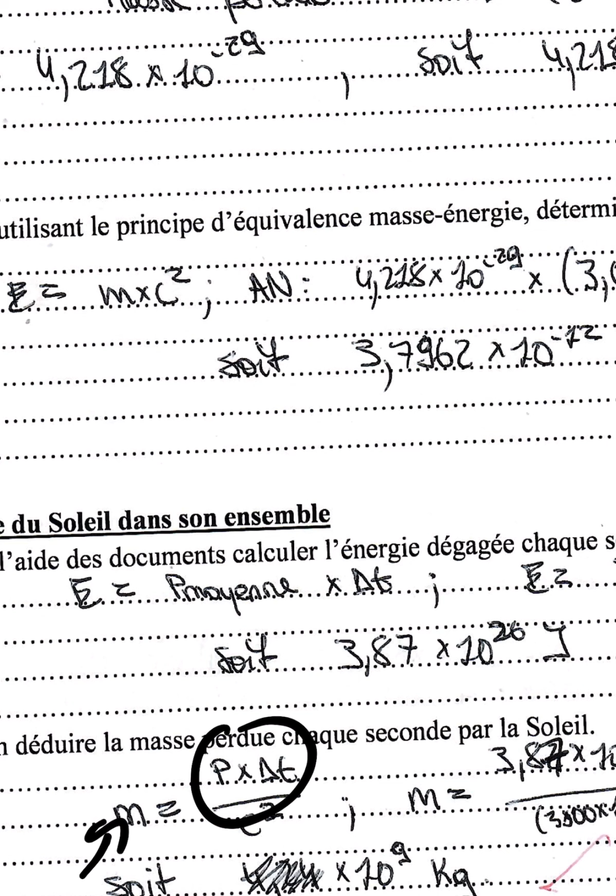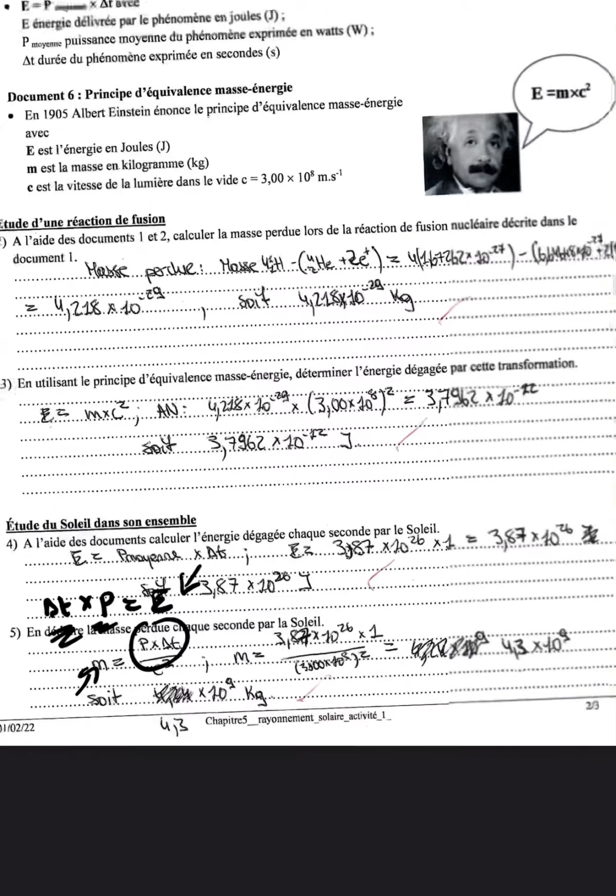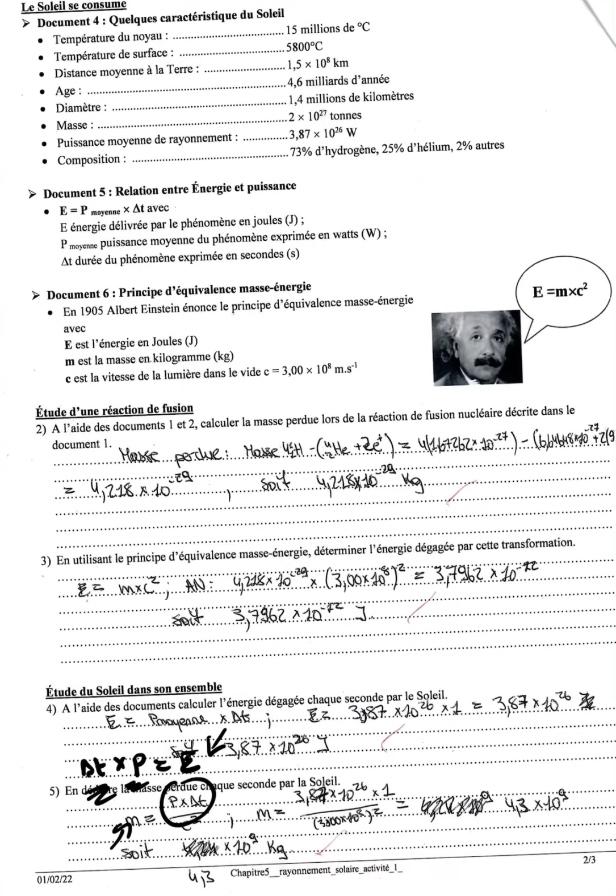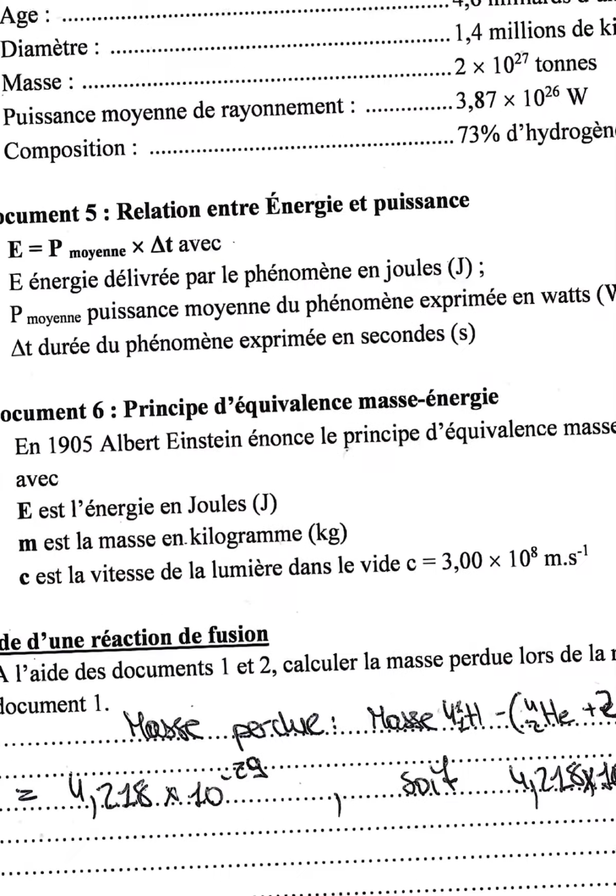What does that mean? It means that time times power is equal to E. And we just substituted E for power and time. Let me show you guys. It was given to us here. So E is equal to average power times time.